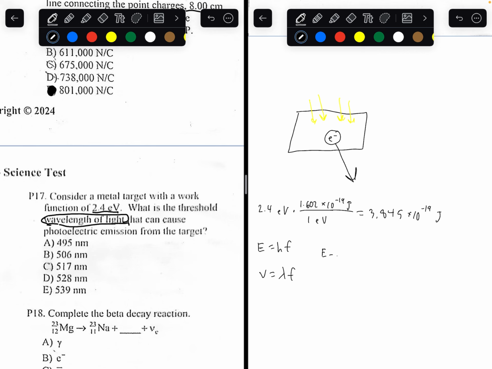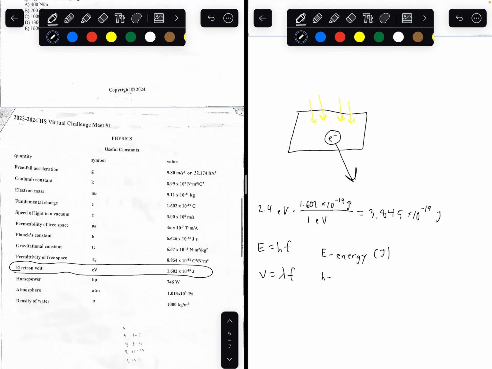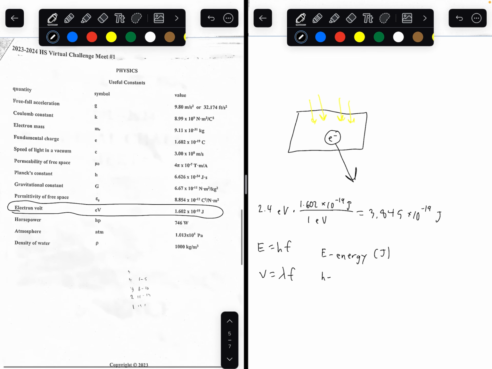So I'll define everything here. E is energy in joules. H is Planck's constant, which is given on the formula sheet. Planck's constant's over here. So it's 6.626 times 10 to the power of negative 34.